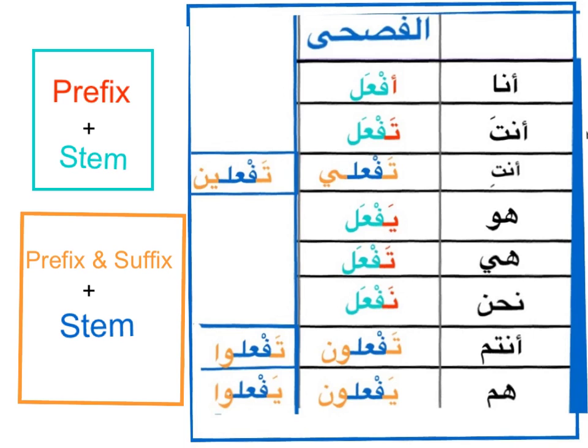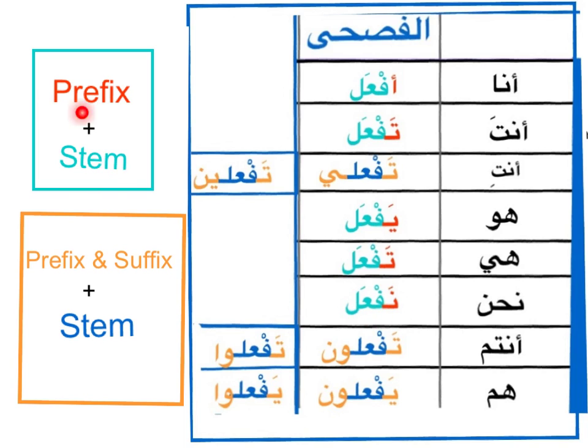Notice there's a combination of prefix and suffix with the stem, which remains intact in all examples. هو يفعل, prefix, stem. هي تفعل, she does, but in the action kind of doing, not the auxiliary verb to do. So هي تفعل, prefix, stem.